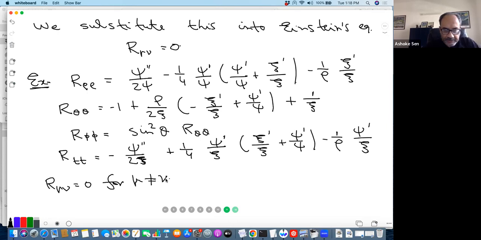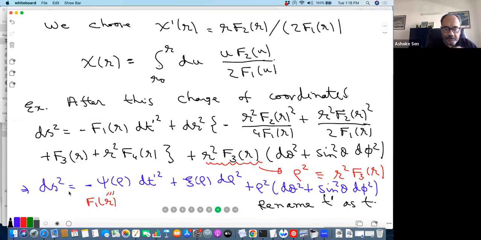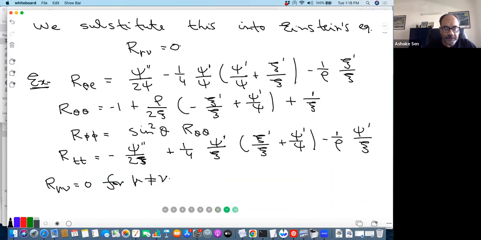Let me again state what I have. And here is the claim, that R rho becomes an expression like this, where prime involves derivative with respect to rho.